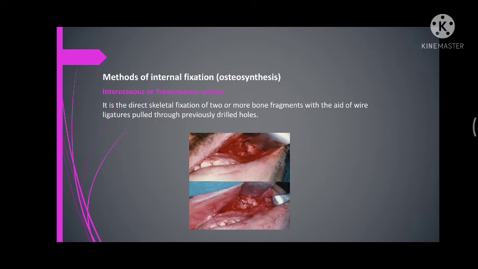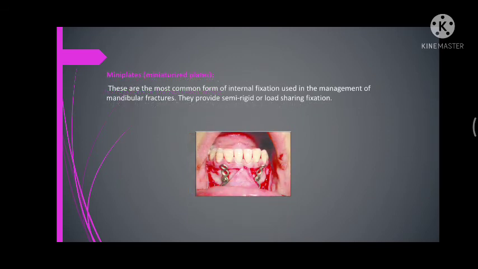Methods of internal fixation: interosseous or transosseous wiring. It is the direct skeletal fixation of two or more bone fragments with wire ligature pulled through previously drilled holes. Mini plates are the most common form of internal fixation used in the management of mandibular fractures.